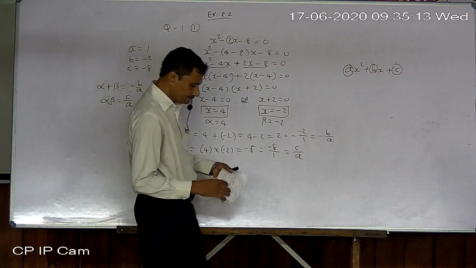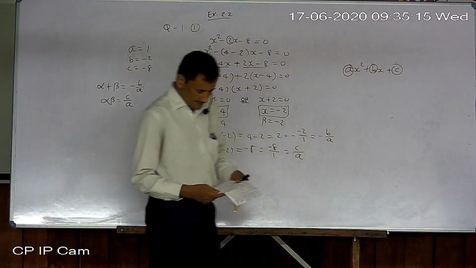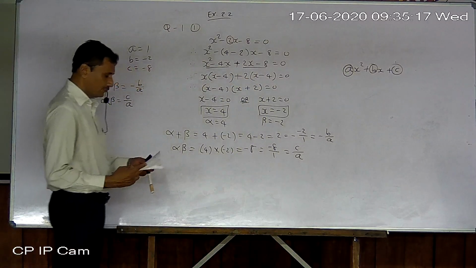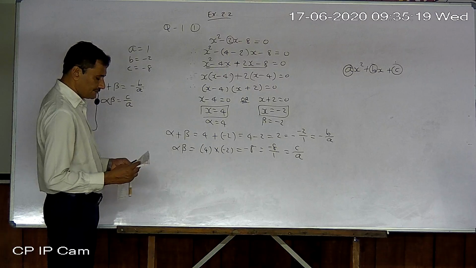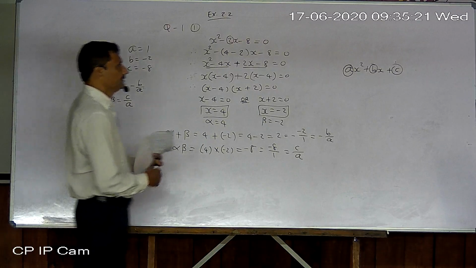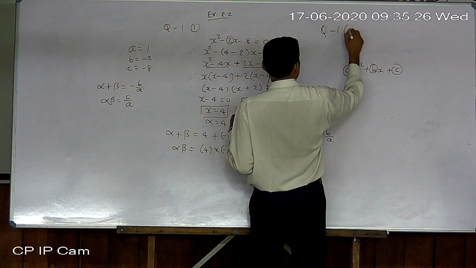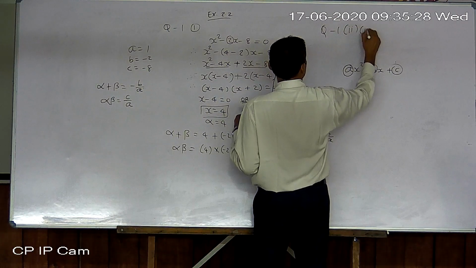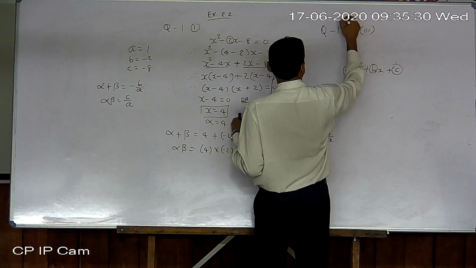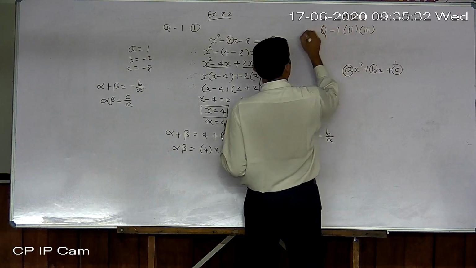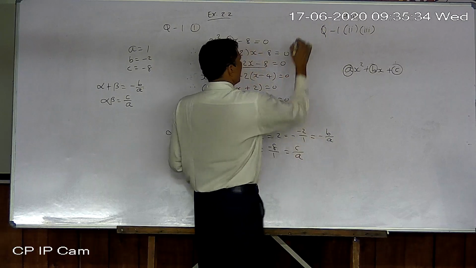Now in the same exercise there are many questions given. The second one is 4s square minus 4s plus 1. So question 1, the second one and third one are homework. I am giving you a hint.